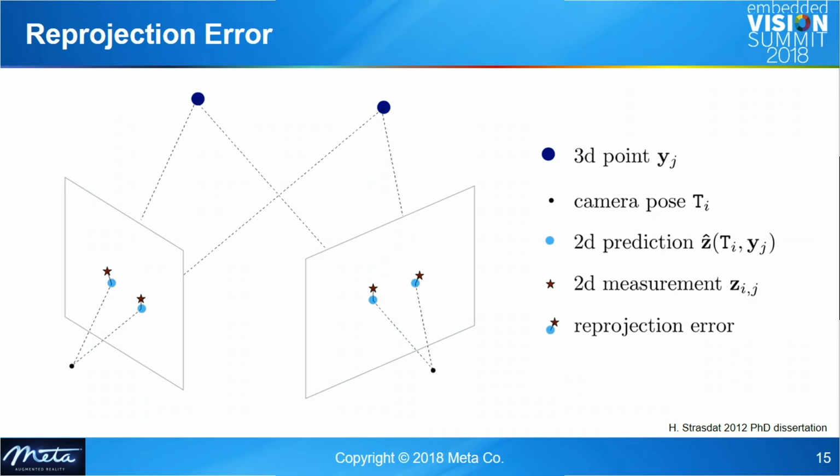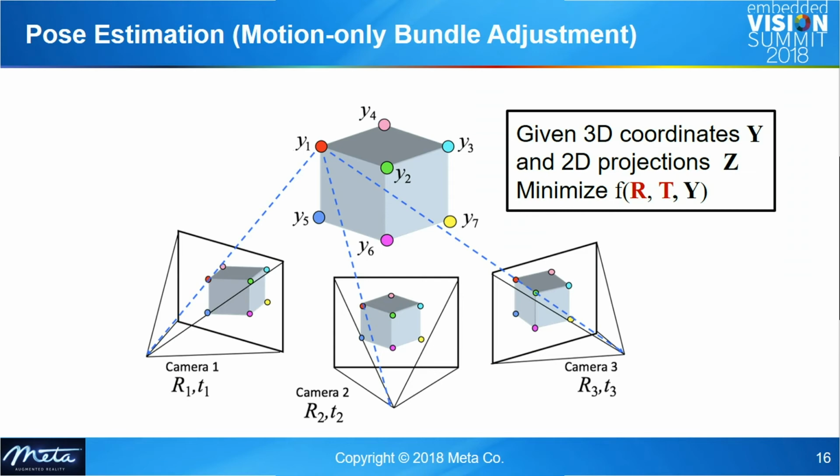This is the reprojection error, and this is what we want to minimize. So we want to find a camera pose such that the sum of these reprojection errors is minimized. This is the motion-only bundle adjustment. We assume we know the geometry of the world. We observe that world from different camera poses. We want to find out what the camera poses are.